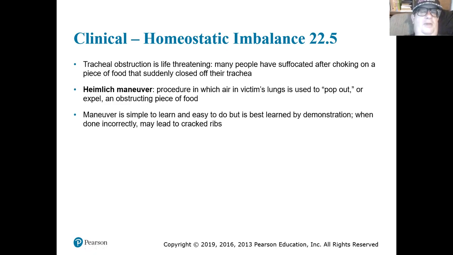If you get something lodged in your trachea, like a piece of food that you're choking on, people have to do the Heimlich maneuver. That's the thing where they reach around you from behind and make their hand kind of like a fist. It's not a true fist, but they put their thumb out and pull that in below your diaphragm.